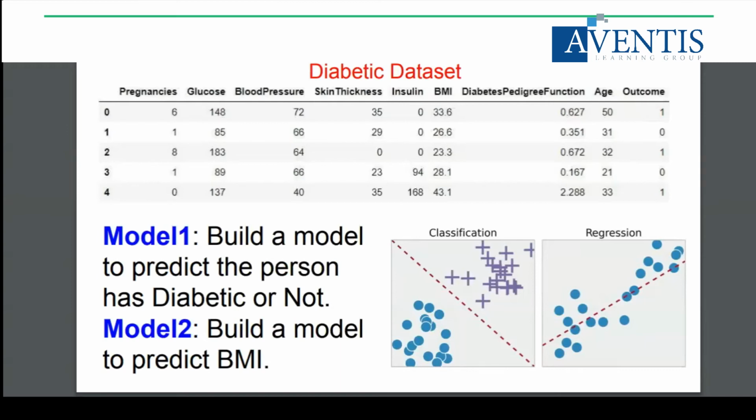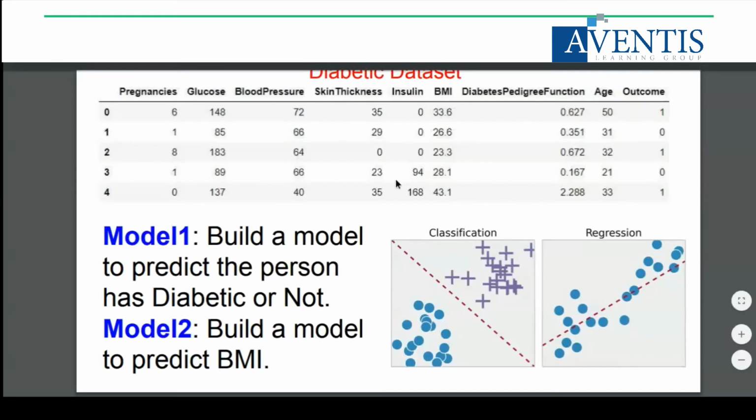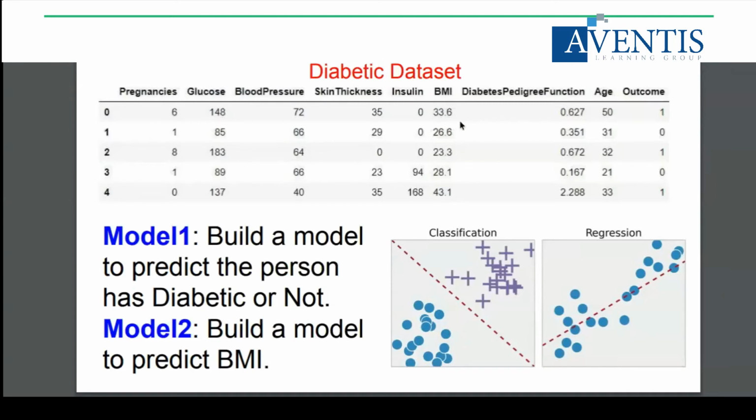Again, some other person is not at all interested in the prediction of diabetes. Maybe he is interested in predicting the BMI index. Now this BMI index number could be anything. It may be 33.6, it may be 33.61, it may be 33.67, it may be 34 point something.